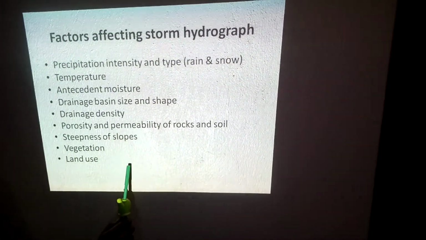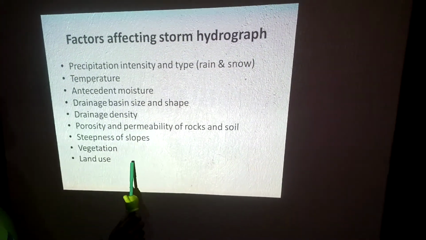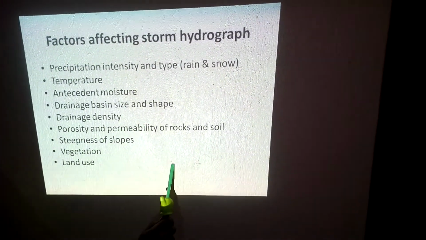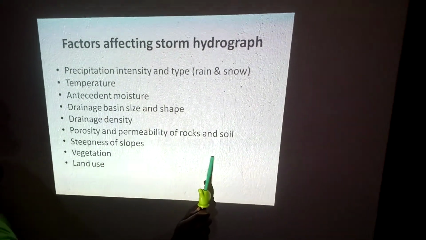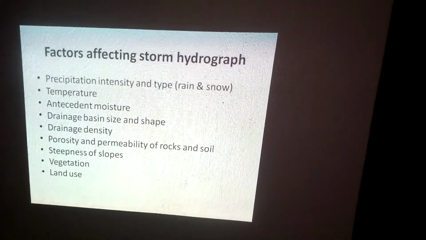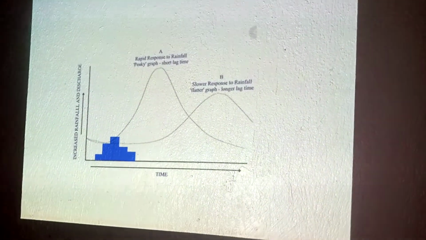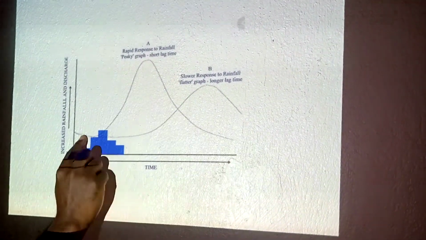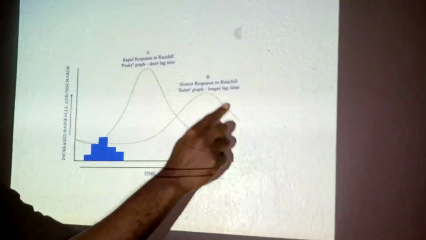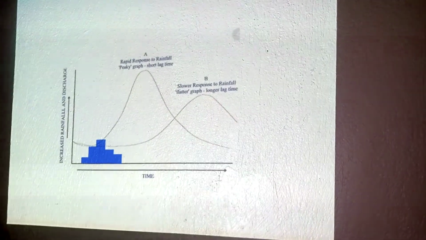So there will be longer time lag, gentle rising and falling limbs, and lower peak discharge. So here, this curve shows a river that is in an urban area, and this is standing for a river in a rural area.